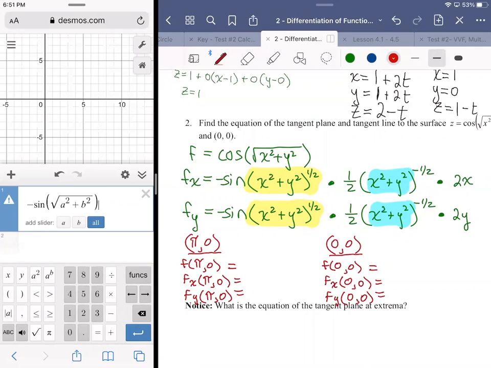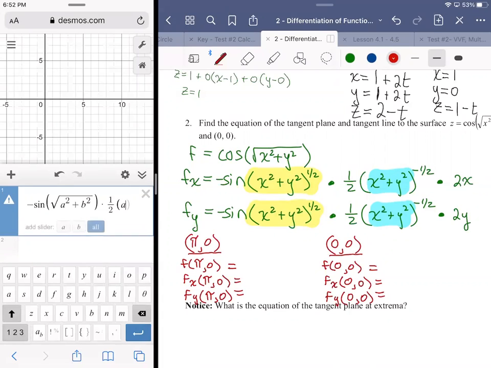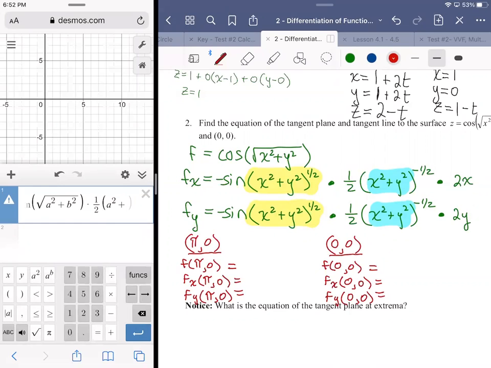Just making sure, times, and this is assuming you don't even want to simplify it, which I kind of don't want to do. So I'm just going to type it in just the way I have my expression here. So times, I got a 1/2 a squared plus b squared to the negative 1/2 times 2a.